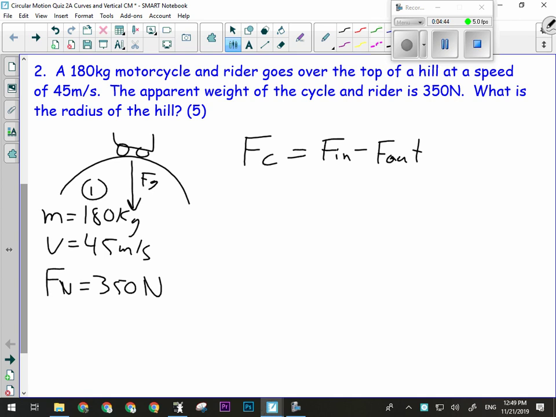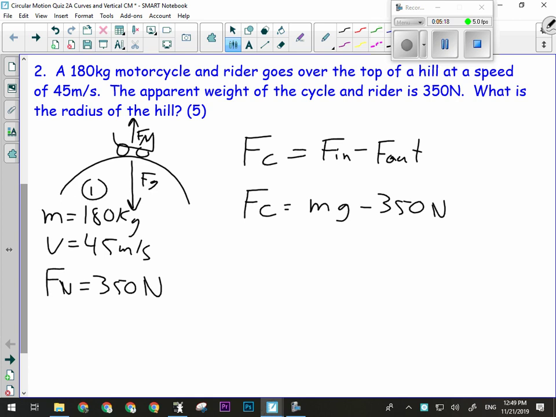The hill is going to push back, so this force will be out. What force is it? Normal force. So I've got normal force and force of gravity, and I know which one is which. So we're going to have that Fc equals m times g minus 350 newtons. All right with that?